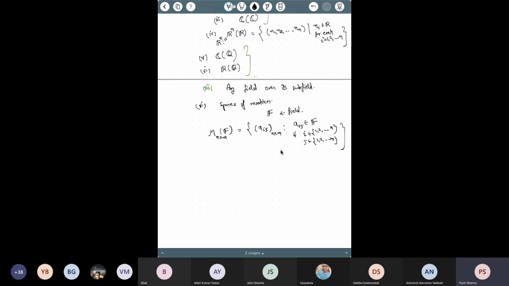What else? Real symmetric and skew symmetric matrices, sir. Polynomials up to degree n over R. So let us write the first one. Some said the space of all symmetric matrices. Right? What do you mean by symmetric matrix?